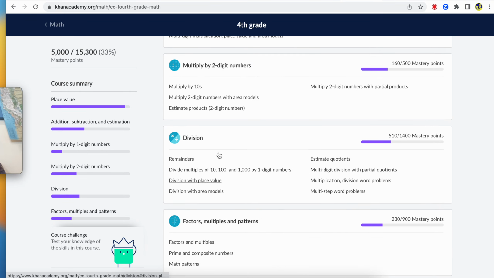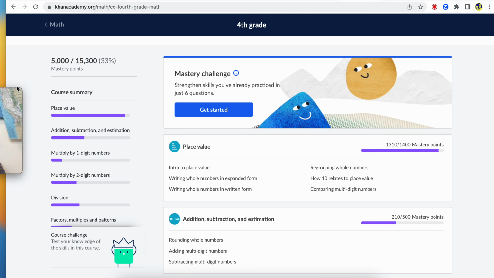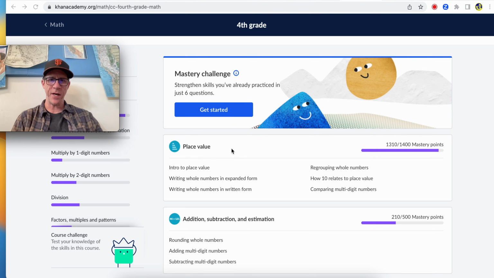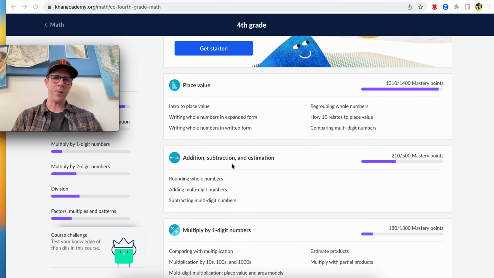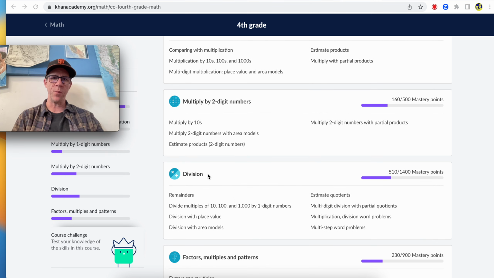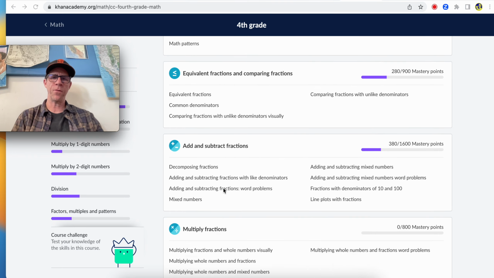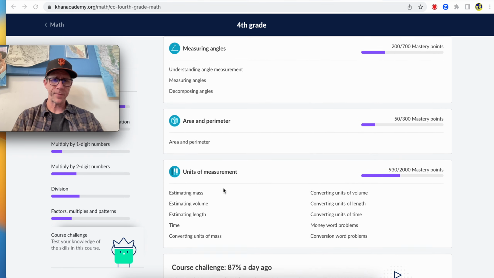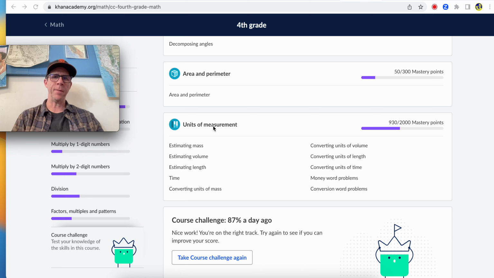Like I know in the beginning of the year, we spent a lot of time on place value and multiplying with one digit numbers. Division we didn't spend as much time with. And I know, for example, down here, units of measurement, these are things that are important. So, something to think about.